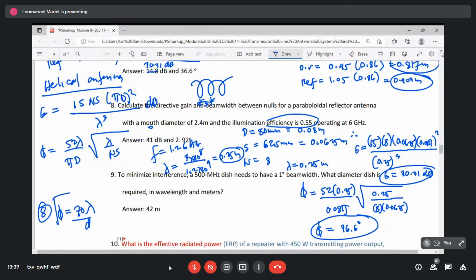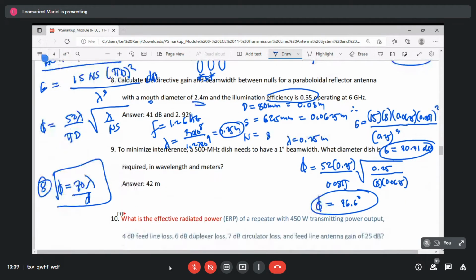Palagi yan, tandaan nyo to, ha? So that is the beam width of a parabolic antenna.